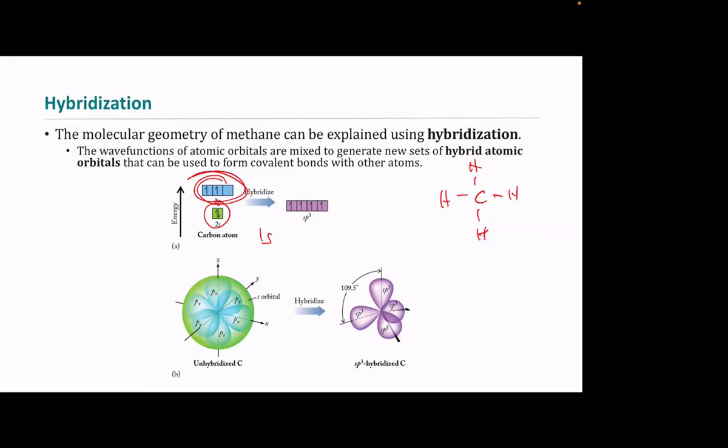So we have 4 orbitals. I don't know exactly what happens, but ultimately you have whole new fields that form. Let's just say that these new fields are a mixture of the orbitals that were there already.